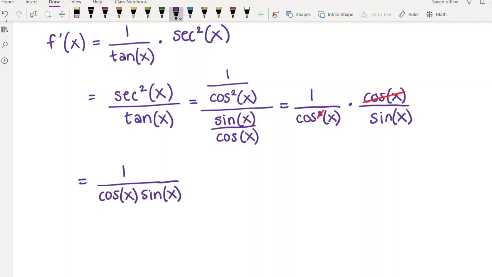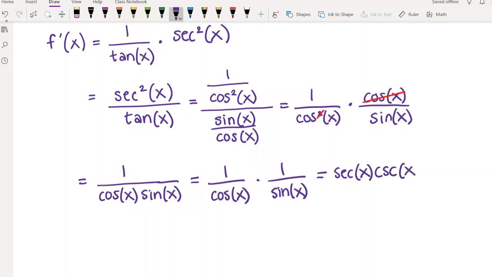which maybe isn't terribly simpler in this case. If you wanted to rewrite this so that it was just in terms of singular trig functions, we could rewrite this as 1 over cosine of x times 1 over sine of x. And that's the same thing as secant of x times cosecant of x.